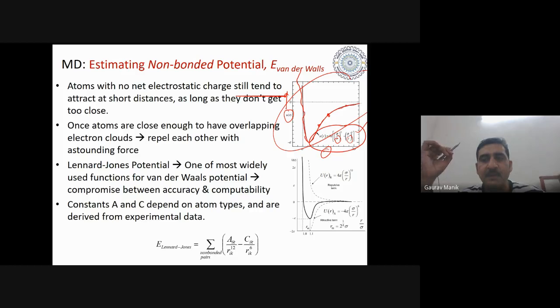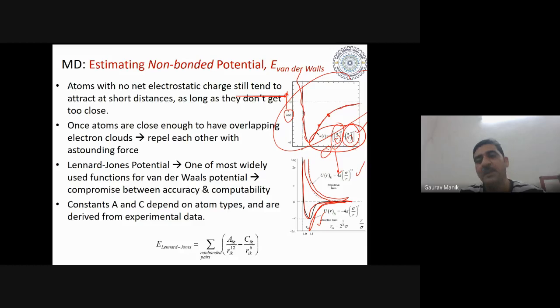So this is a very frequently used potential term, which is basically a sum of the sigma by r power 12 curve, which is this curve, and then the sigma by r raised to power 6 curve, which is this curve. When you sum these two curves, this is the structure that you get. This is the repulsive part, and this is the attractive part.